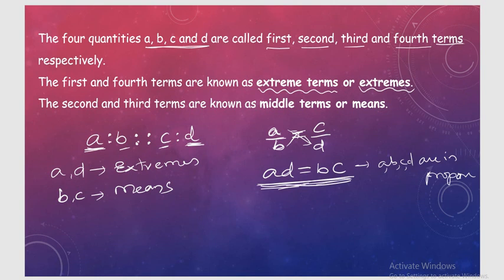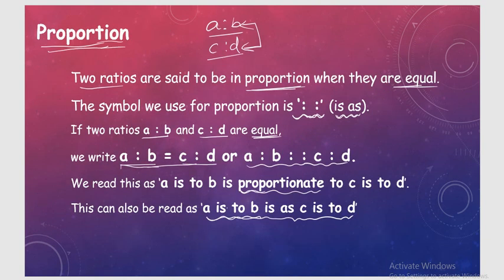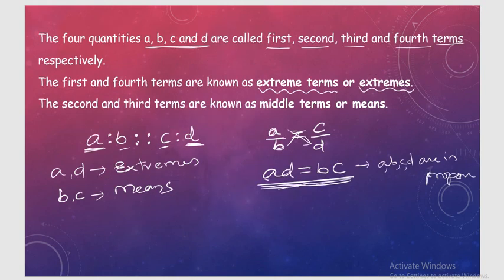Now how can we read this? In the compound ratio, these are the product of antecedents and the product of consequents, right? Whereas in proportion, if you observe, A into D is the product of extremes, whereas B into C is the product of means.